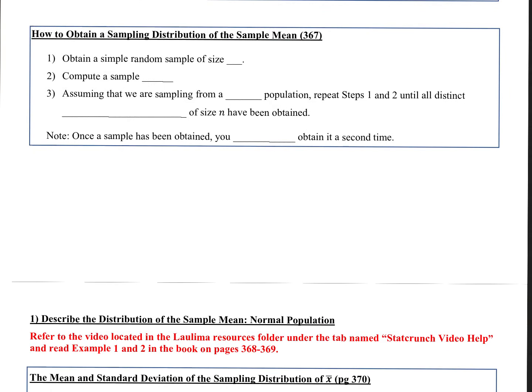Okay, so how do we obtain a sampling distribution of the sample mean? Well, 3 steps. First, obtain a simple random sample of size n. Then compute a sample mean.